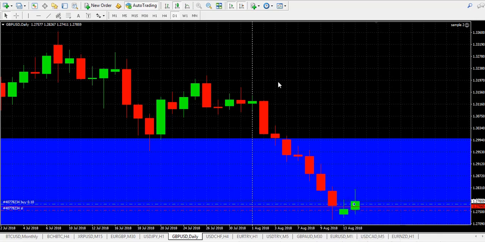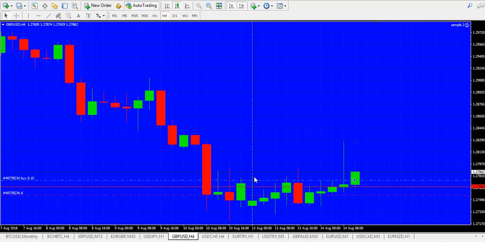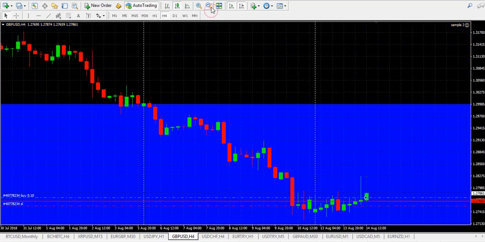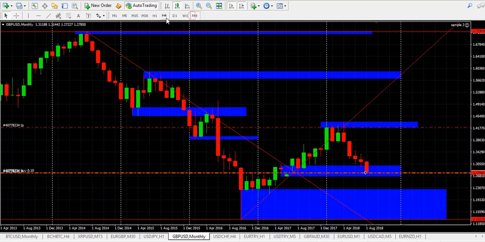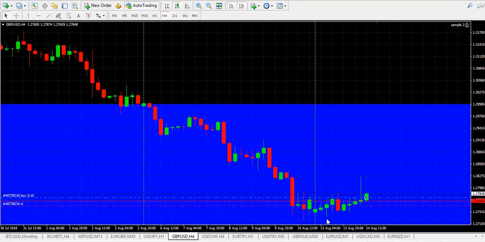Going even further down, it's even more confirmation of a higher time frame swing low, because even the 4-hour is turning.